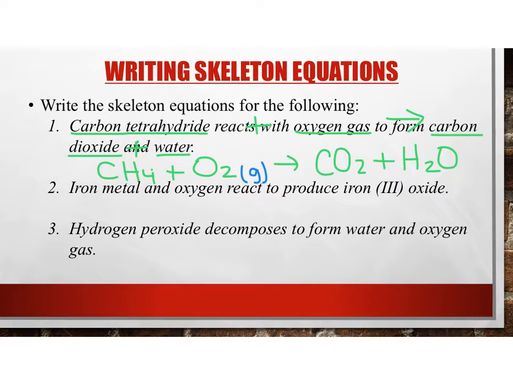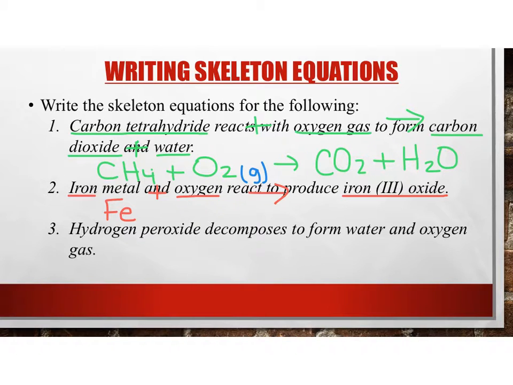Okay, so the next example, iron metal. Metal tells us it's a solid, and oxygen, we're not told, we know it's a gas, but we're not told, react to produce iron 3 oxide. So I have iron, sometimes my pen doesn't work, I'm sorry. We have iron.